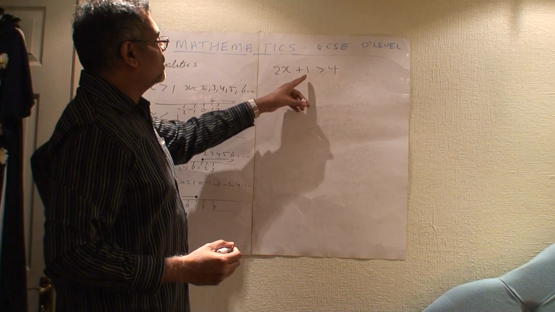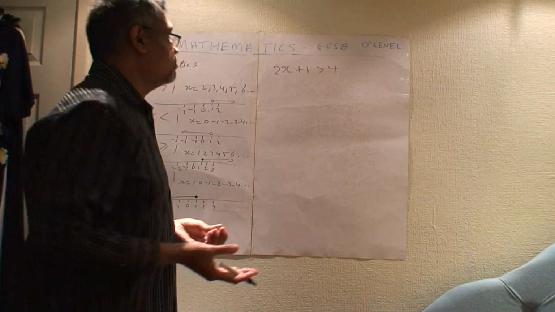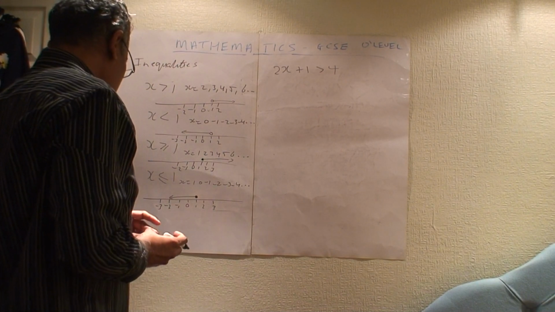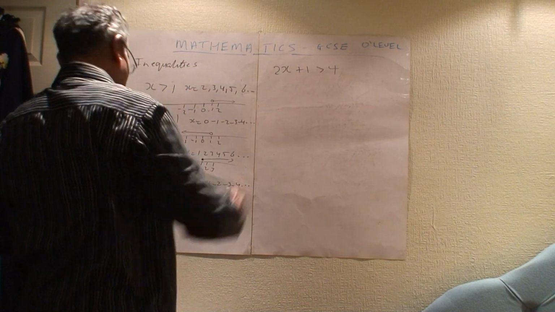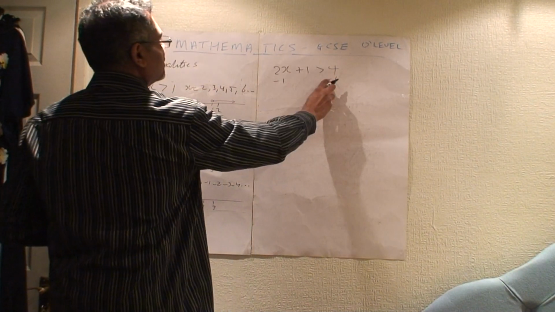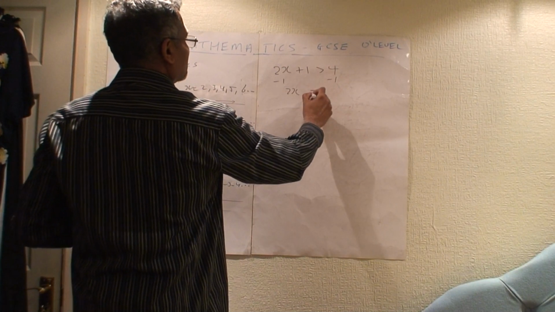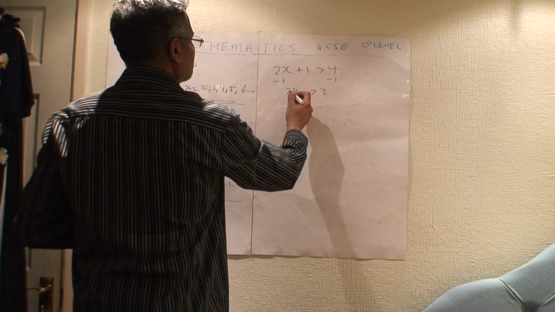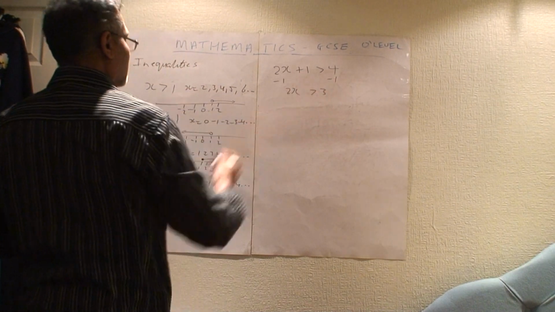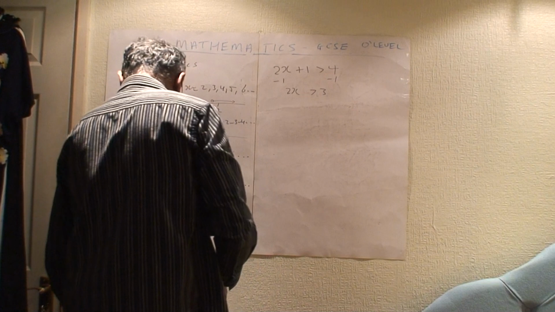So 2x plus 1, whatever value it is, will always be more than 4. So how do we solve for that? First of all, we get rid of the 1, so we minus 1 on both sides. So we're left with 2x is greater than 3.